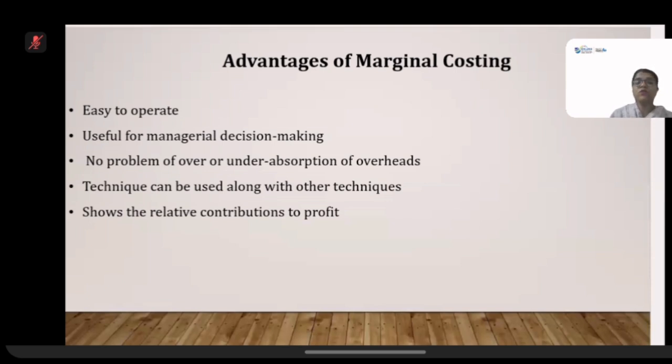Also, there is no problem of over and under absorption, because I only have to use variable cost here.